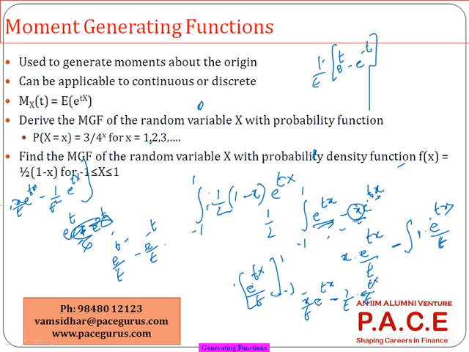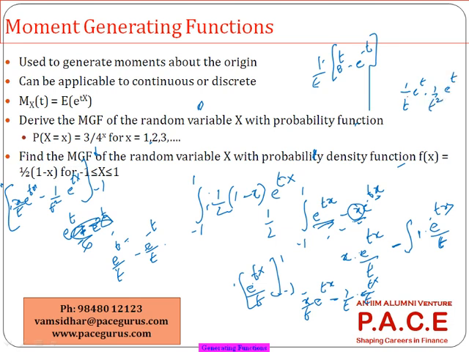Now this I substitute between 1 and minus 1. If I put x equal to 1, I get 1 by t e power t minus 1 by t square e power t.